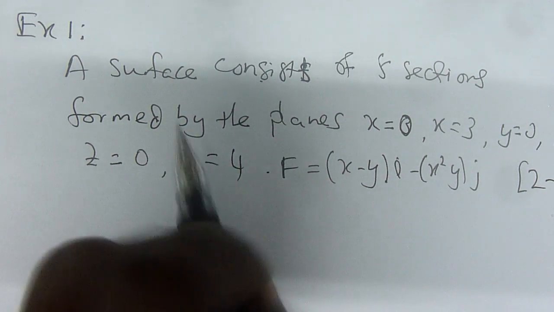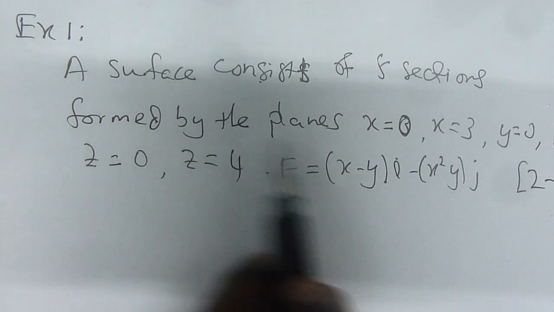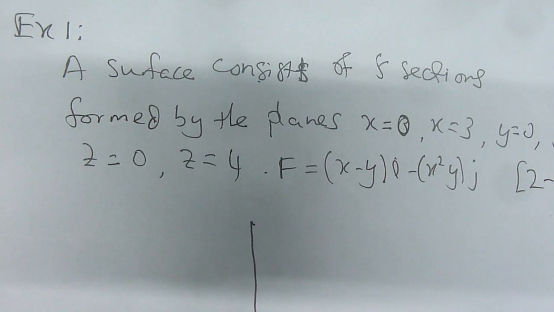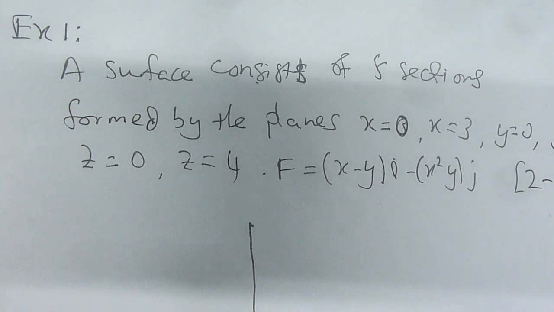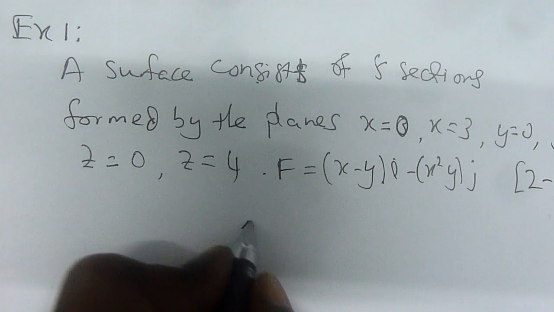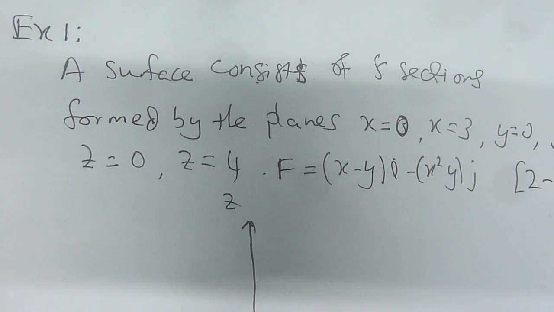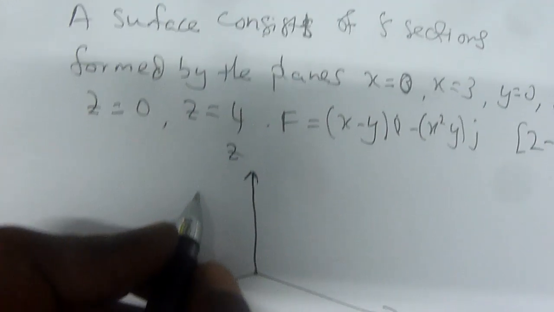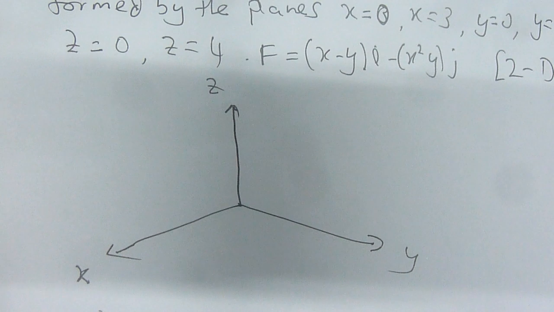Can you see that this is a surface consisting of 5 segments formed? This is a 3D problem, with z and y, and this is x. How to sketch that?